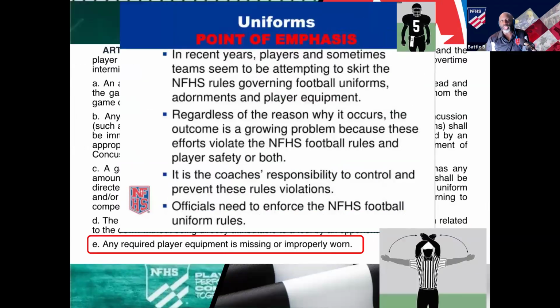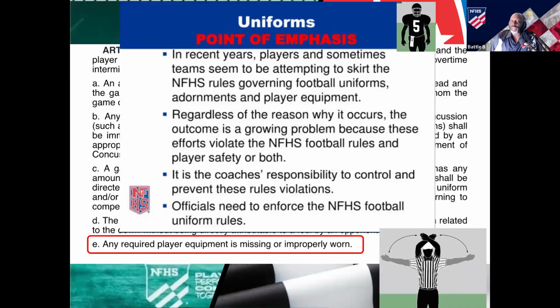Just want to put that in. Okay, and before we go further in this, I'm going to come to you as though I'm an NFHS representative. Okay, I'm a teacher straight down the line at 100%. What I'm going to teach you may or may not be applied at your high school association or your youth organization, but we're going to teach you what the Federation High School rules say, and then there's a lot of nuances that go on from there, and I will try to address them as we go.